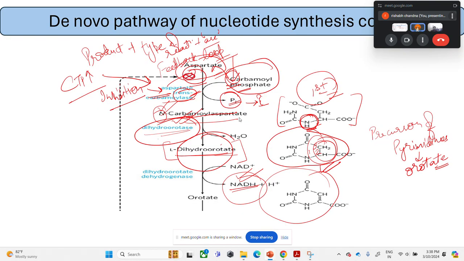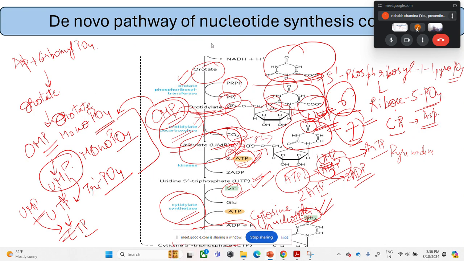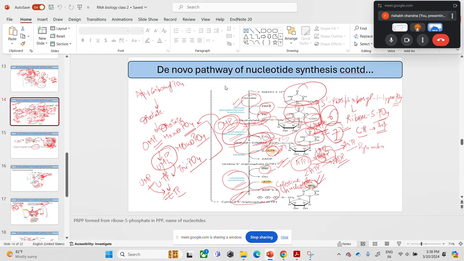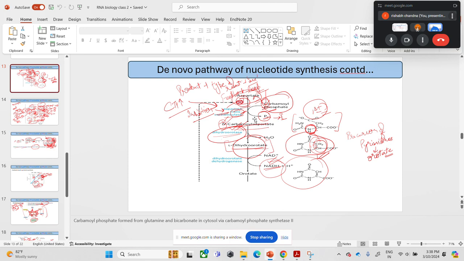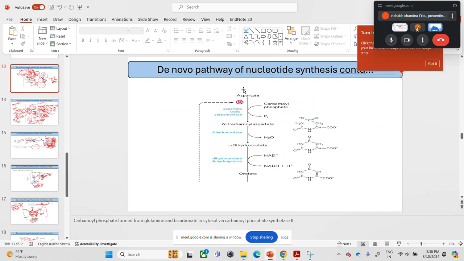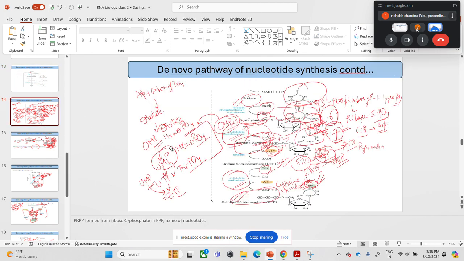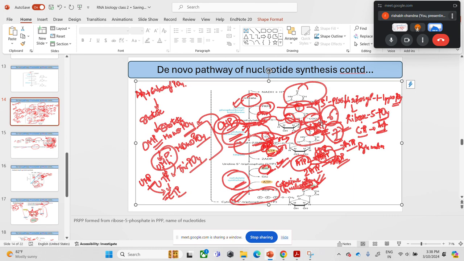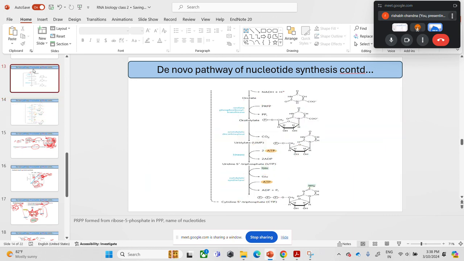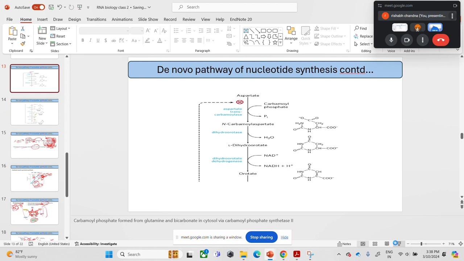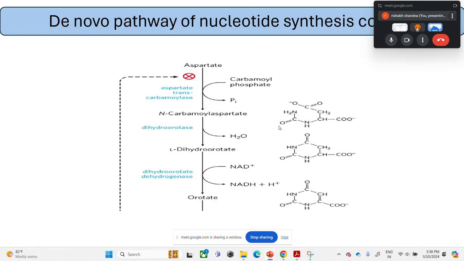Yes, sir. Okay. So this is the de novo pathway for pyrimidine synthesis. What happens during the pyrimidine synthesis de novo pathway?